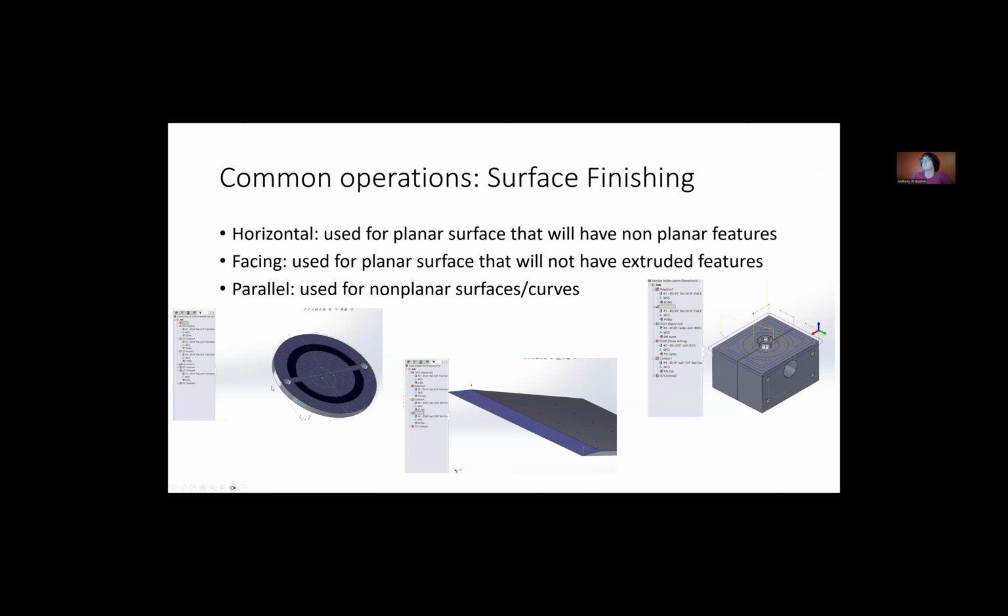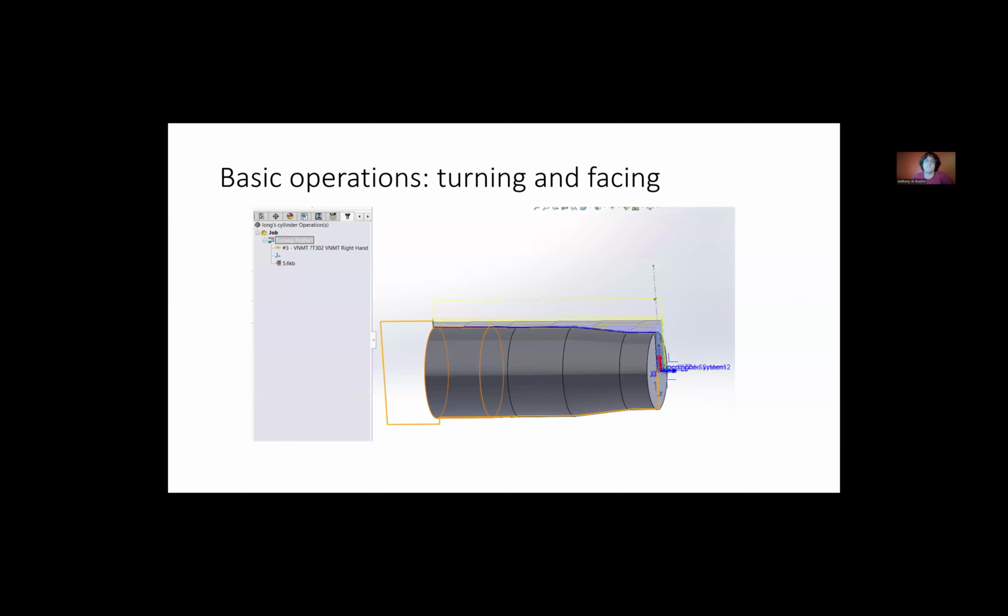Sometimes when you first start out with a piece of material, you might want to face it down to a certain height, and then cut all those geometries into it. So facing is helpful if you want to get the entirety of a surface flat, maybe even before you do other machining operations.